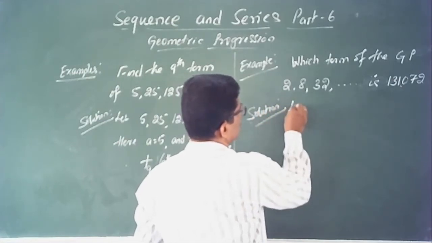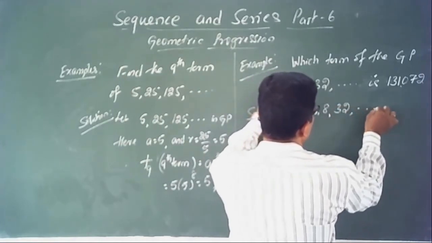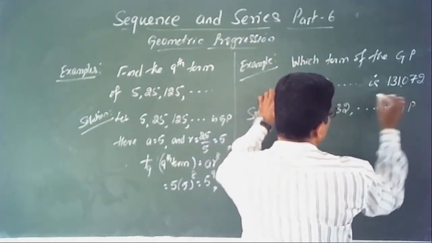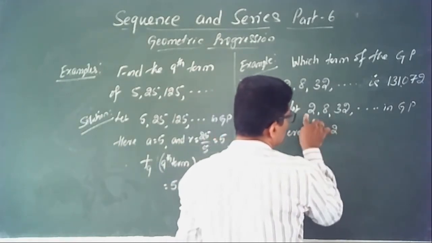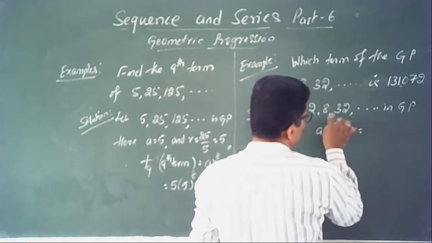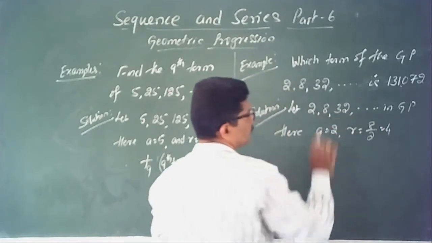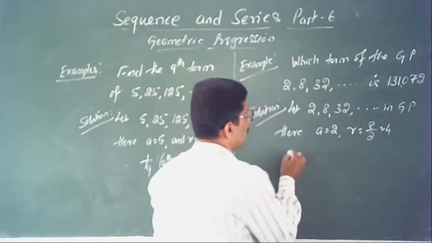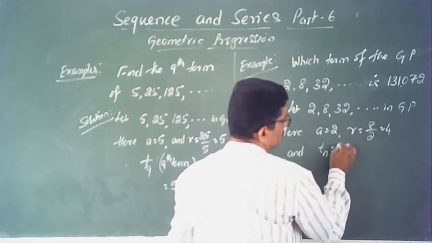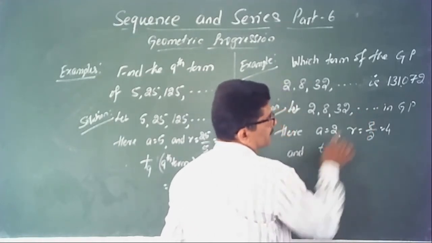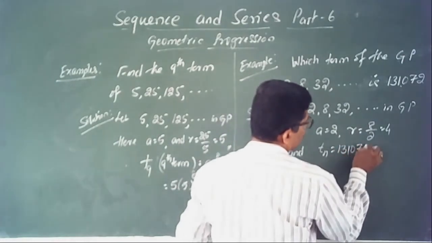Here it is already given that 2, 8, 32 are in GP. The first term is 2. The common ratio is any term divided by its previous term, which is 4. Observe that 32 divided by 8 is also 4. And the nth term is given, where n is the number of terms. Here the nth term is 1,31,072.